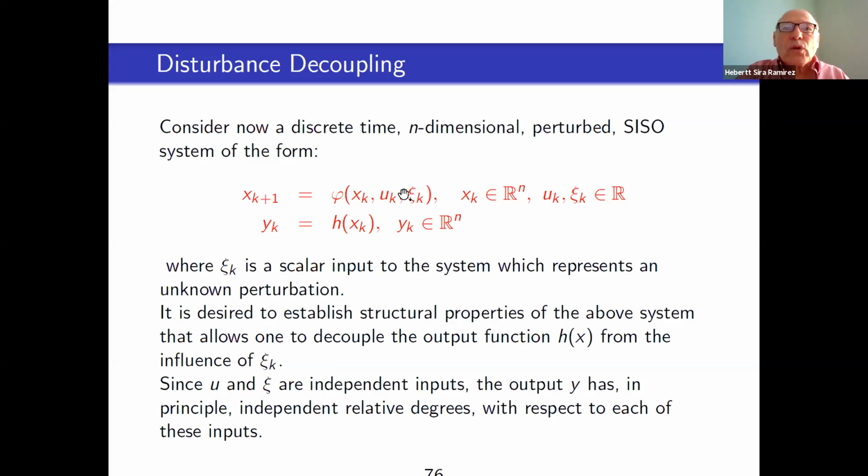So let's assume that you have now in your dynamics the presence of these two inputs. One, which is the input you can control and you can prescribe, and another one which is foreign to the system that you cannot control. And in essence, these two inputs are independent. Of course, some disturbances might be dependent on the state. It doesn't matter.